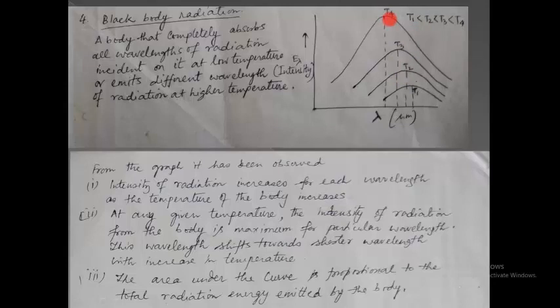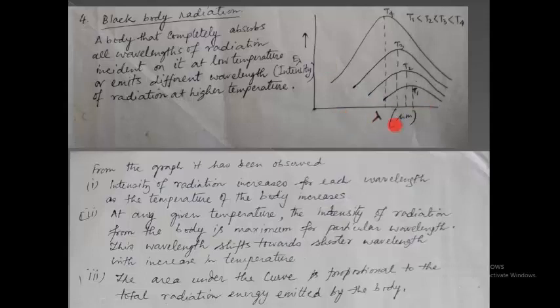So following this curve, whatever I have discussed, the main points have been highlighted in the second part of the slide, which says that from the graph it has been observed that the intensity or the energy for each wavelength, so the x-axis is your wavelength.